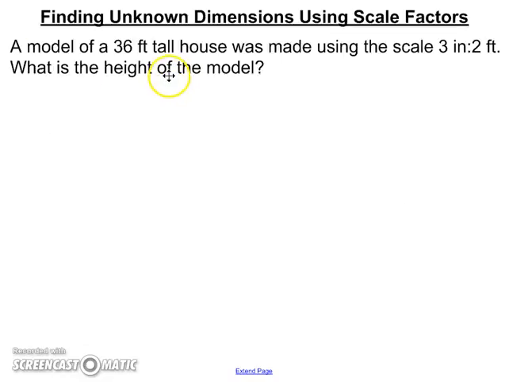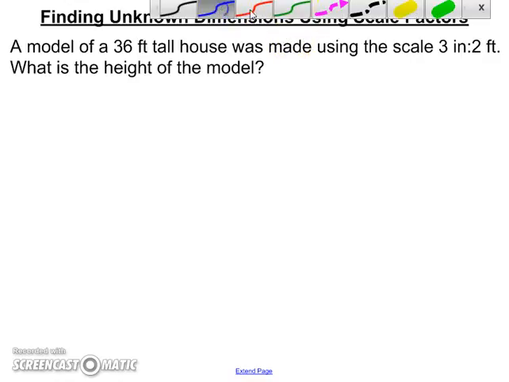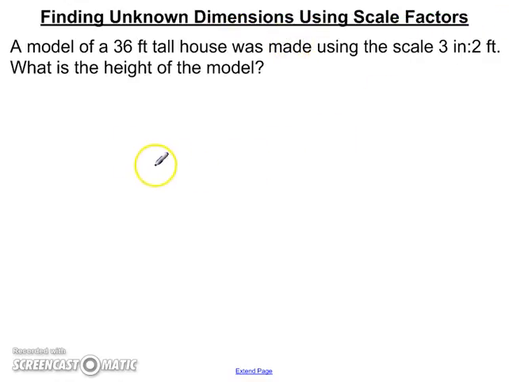So you get the look of the building just in a smaller version. A model of a 36-foot tall house was made by using the scale 3 inches to 2 feet. What is the height of the model? So we know in any case that 3 inches, and I'm going to go ahead and write my scale, is 2 feet. Now if you went 2 feet over 3 inches, that would actually be the same, okay?